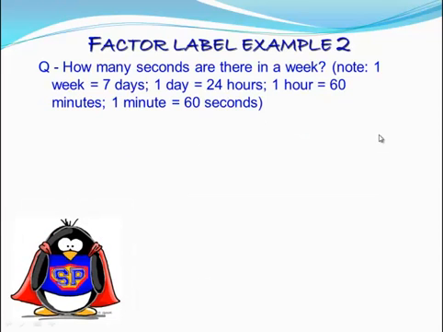So let's take a look at example number 2, and here is a very challenging one. If you want to solve this problem in a traditional fashion, get the proportionality at each step. So you can note those conversion factors. 1 week equals 7 days, 1 day equals 24 hours, 1 hour equals 60 minutes, 1 minute equals 60 seconds.